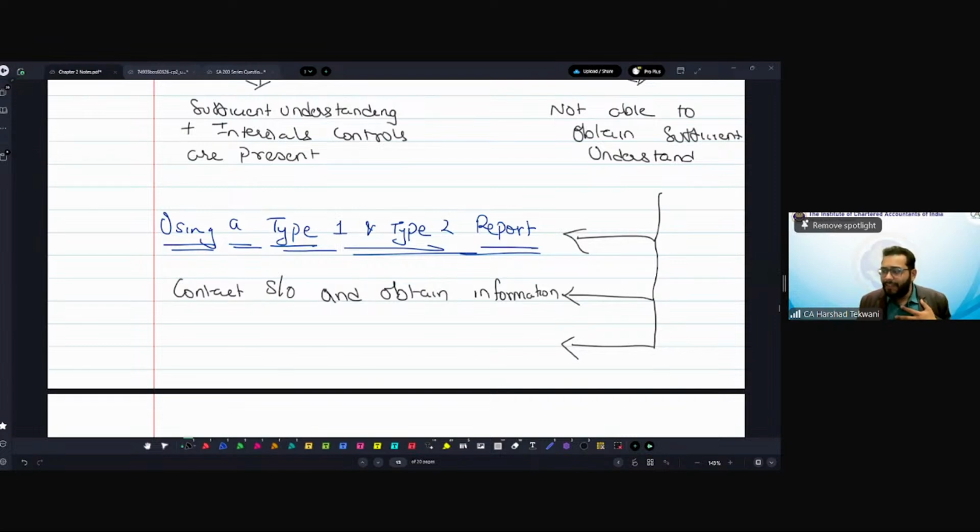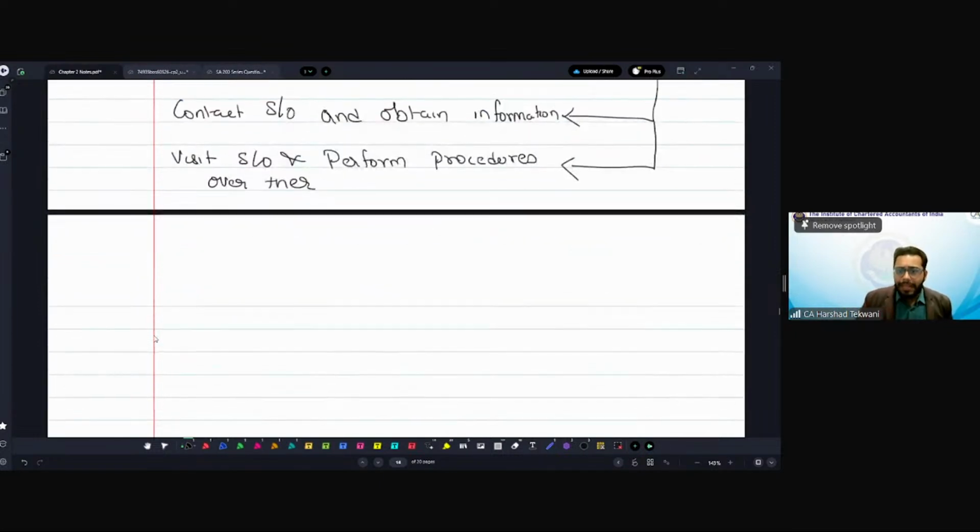I may visit the service organization and perform procedures over there, which may provide me necessary information about the controls, how they are operating. Instead of relying on someone else's report, why can't I go and perform the testing over there if they allow me? Or else, there is one more option.